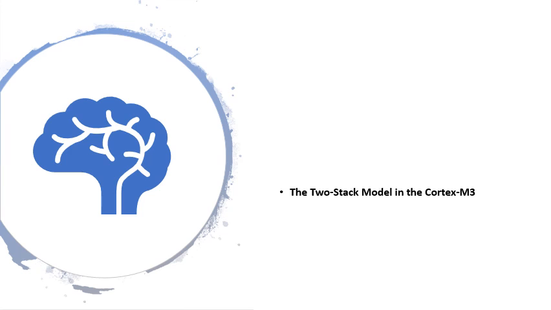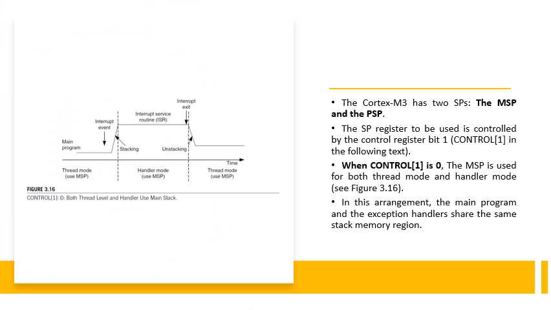Now there is one more model in Cortex M3, called the two-stack model. It is only for reference. The Cortex M3 has two SPs, as we know already: the main stack pointer and the process stack pointer. The main stack pointer is the default one, used by the processor.